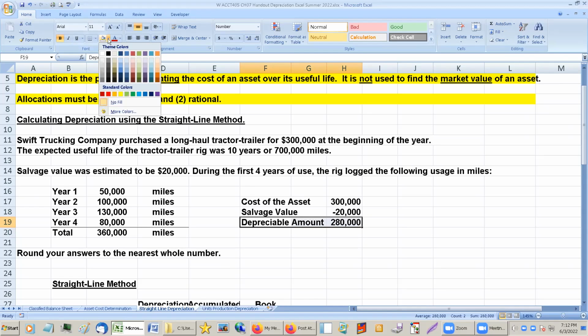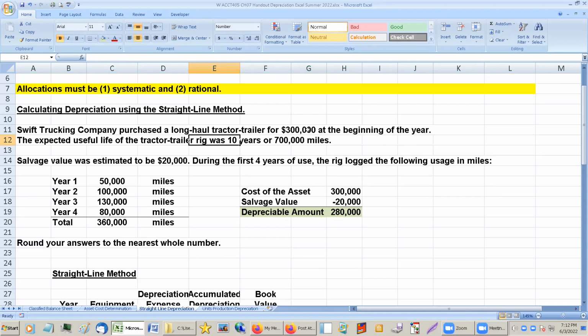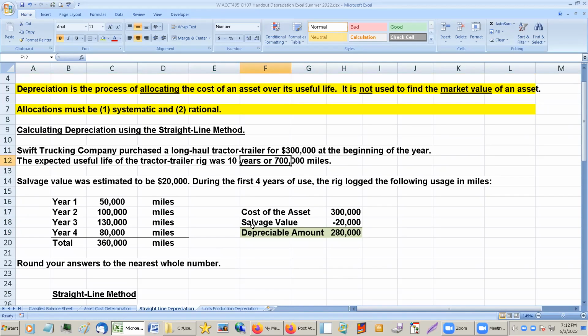And that's an important number because that's what we're going to allocate over the life of the asset, over 10 years or 70,000 miles. Now for the straight line method, we use 10 years.